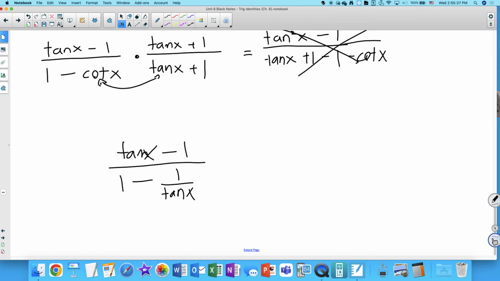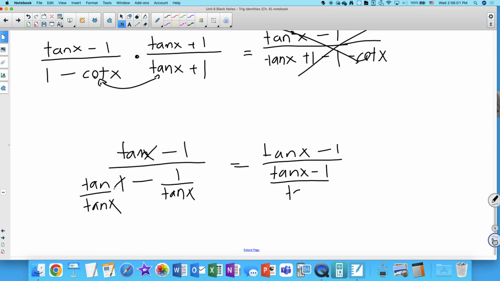Right? Get a common denominator here. That would actually work very nicely. Okay, because in the denominator, multiply this by tan x over tan x. Then you have tan x minus 1 over tan x minus 1 over tan x, right?